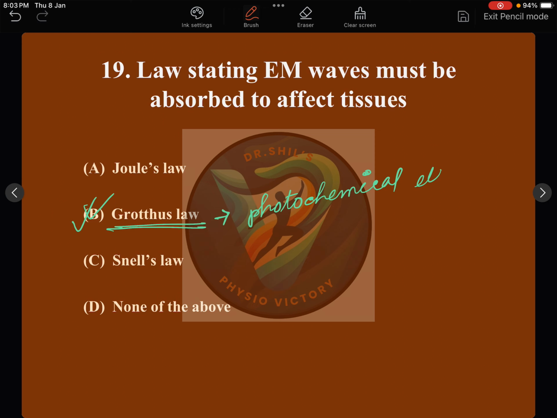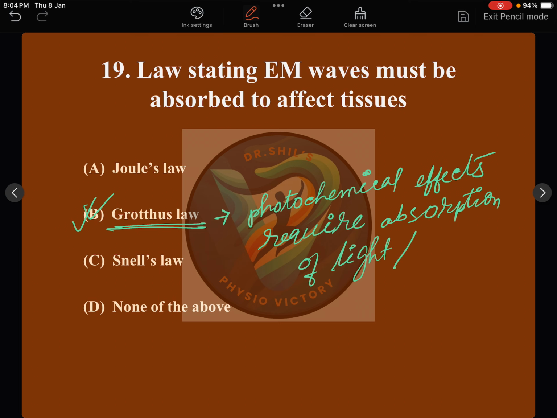Photochemical effects require absorption of light energy.